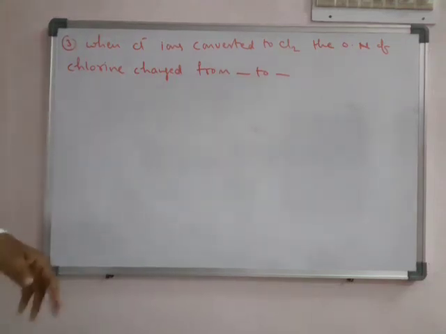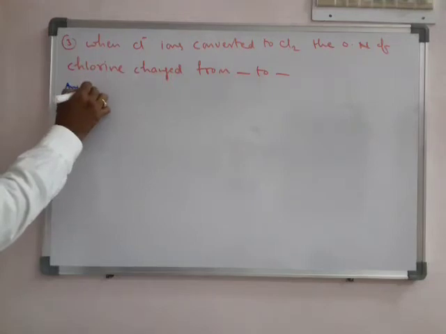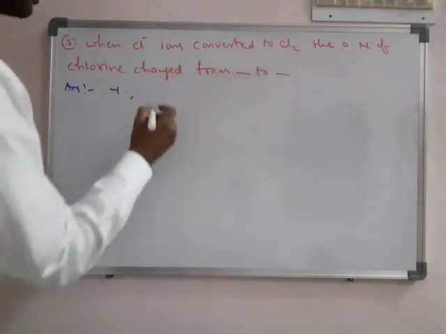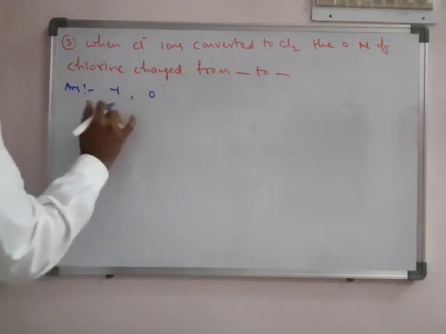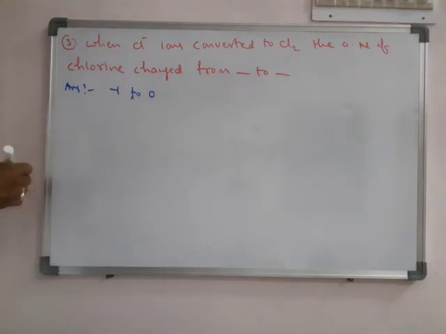Simple, we know that chloride ion is -1. It is changed to Cl2. Cl2 is a free state, so that is 0. It is changed from -1 to 0.